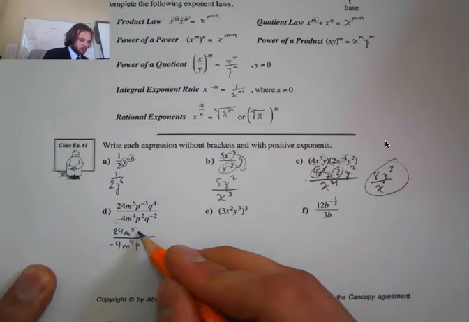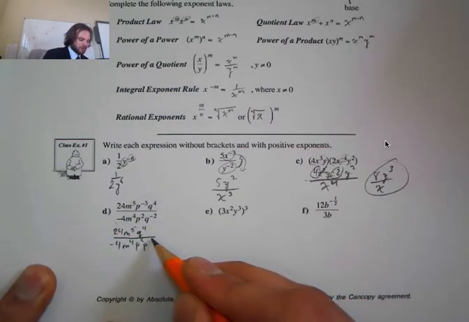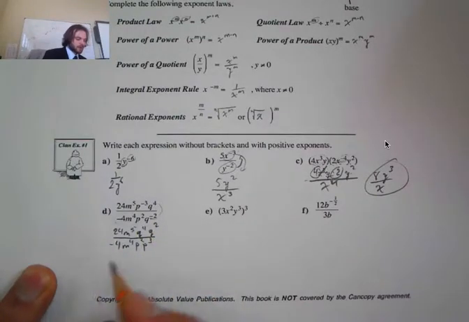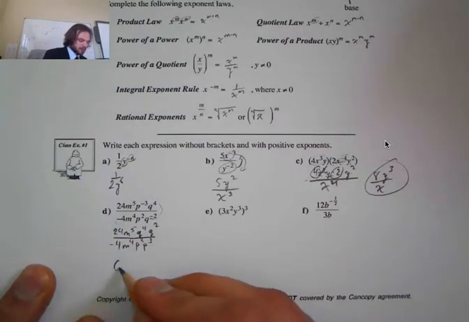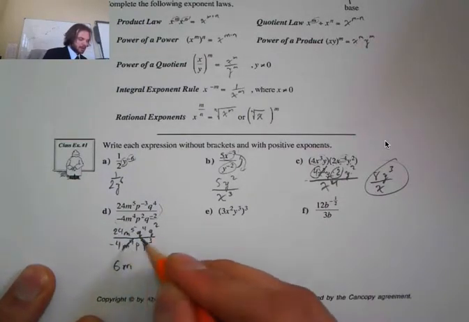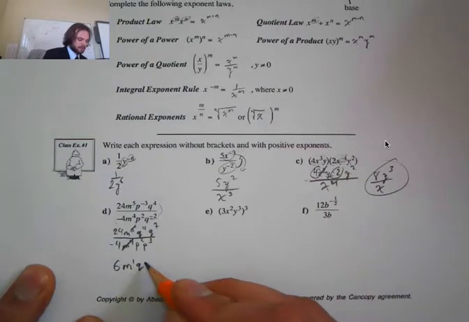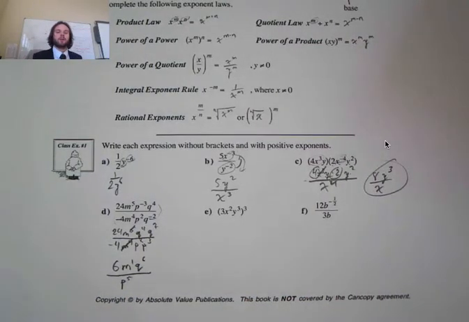I'll first put on my positives, q to the 4. And I have now my negatives, p to the 3. And this one must go on top because this is negative, q squared. So that leaves me with, both of these can be divided by 4, 6, m. These cancel off. I'm left with just 1m. And then we have q to the 6, all over p to the power of 5. There we go, that one's done.